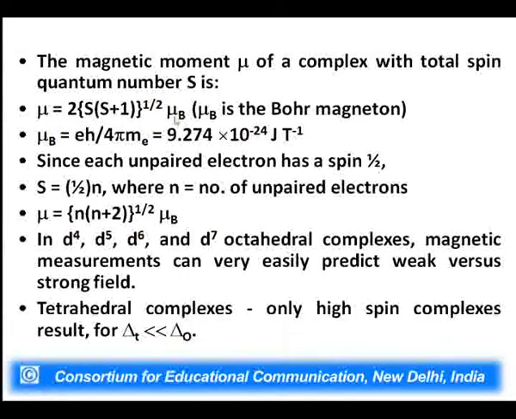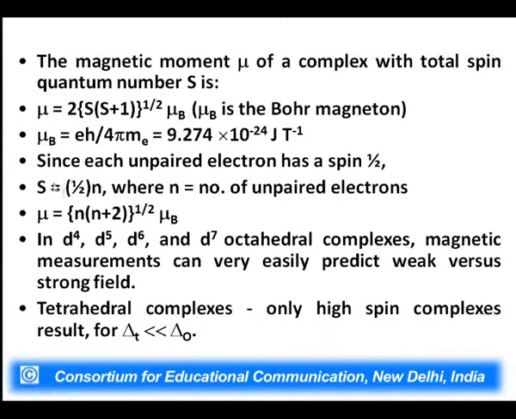So this is in the SI system if we want to calculate, and normally if we designate the magnetic moment in terms of Bohr magnetons, then it depends upon the value of S, which is of course going to depend upon the number of unpaired electrons present. Here is how to calculate the S. If, let us say, the number of unpaired electrons is 5, then it will be half of 5, so 5 by 2.